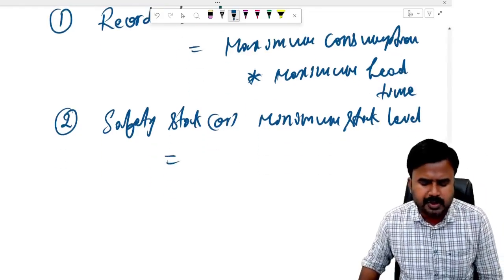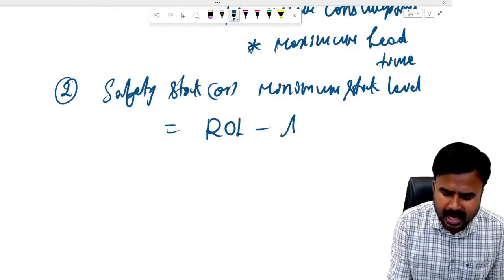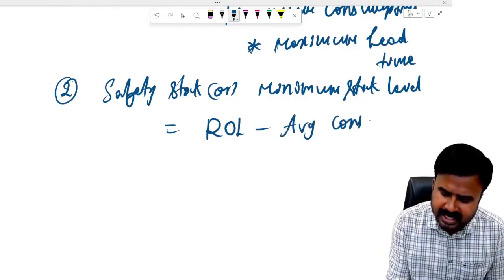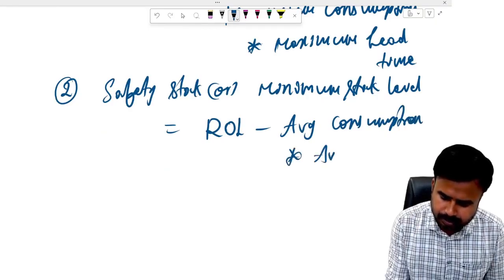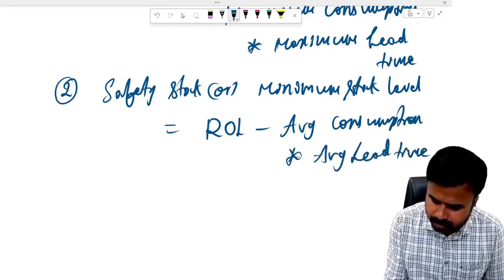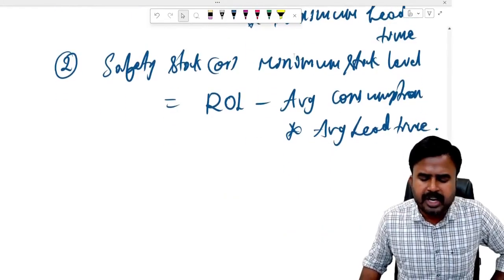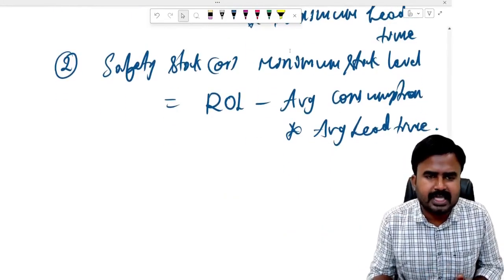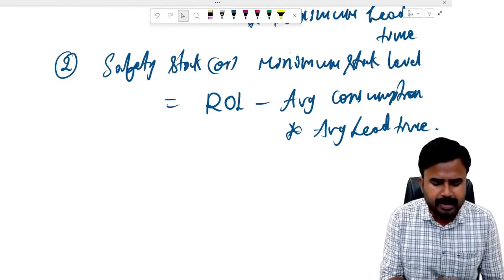Safety stock or minimum stock level is equal to reorder level ROL minus average consumption into average lead time. So from reorder level, please deduct average consumption into average lead time to get safety stock or minimum stock level. That is the base level actually.